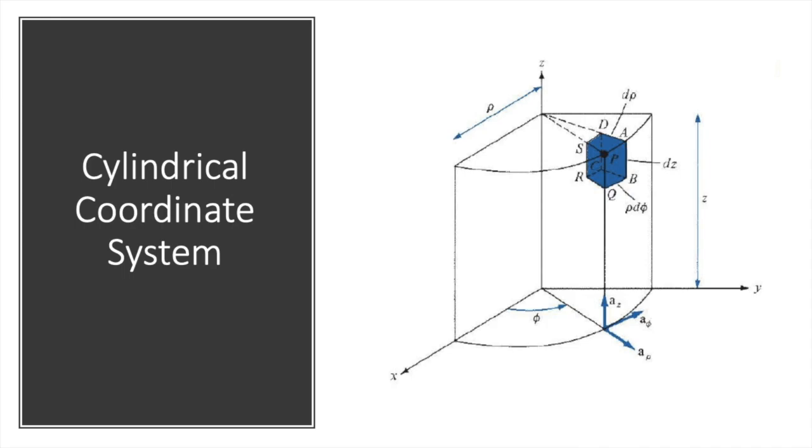As in the Cartesian, we took a cube kind of thing, where from one point we moved a distance of dx. From that point we moved a distance of dy along the y direction. Similarly, we moved dz along the z direction.